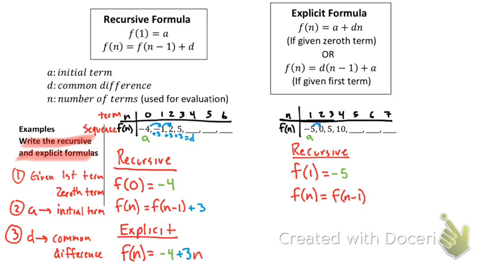Negative 5 to get to 0, I'm adding 5. 0 to get to 5, I'm adding 5. 5 to get to 10, I'm adding 5. So my d value is actually 5, and it's positive 5. We are done with the recursive formula. Let's go ahead and do explicit.